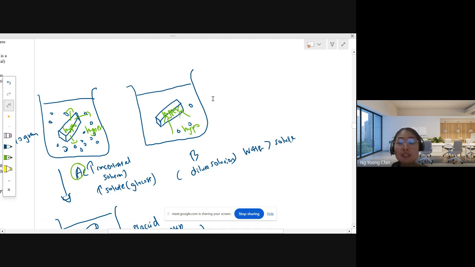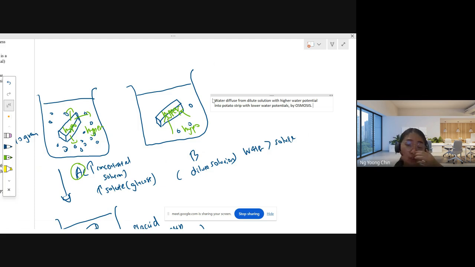So maybe you can write the answer this way: water diffused from dilute solution with the higher water potential into potato strip with a lower water potential by osmosis.